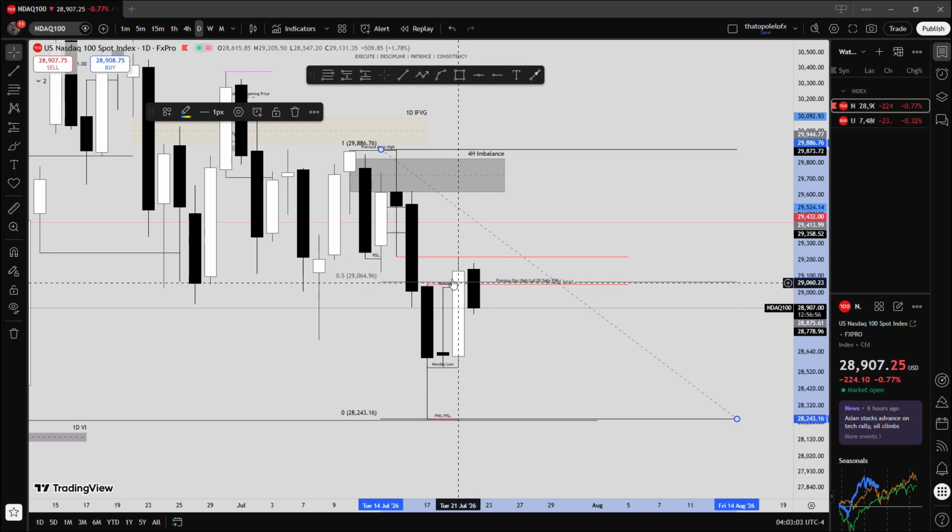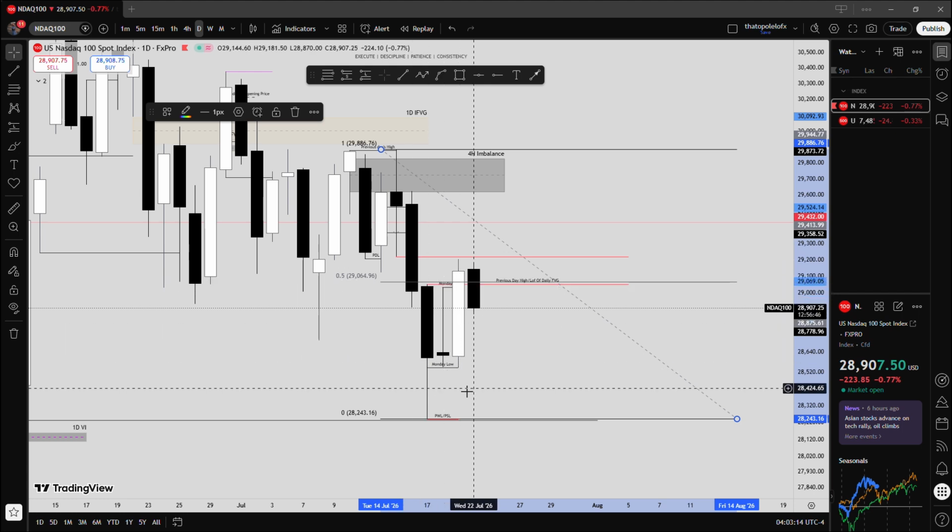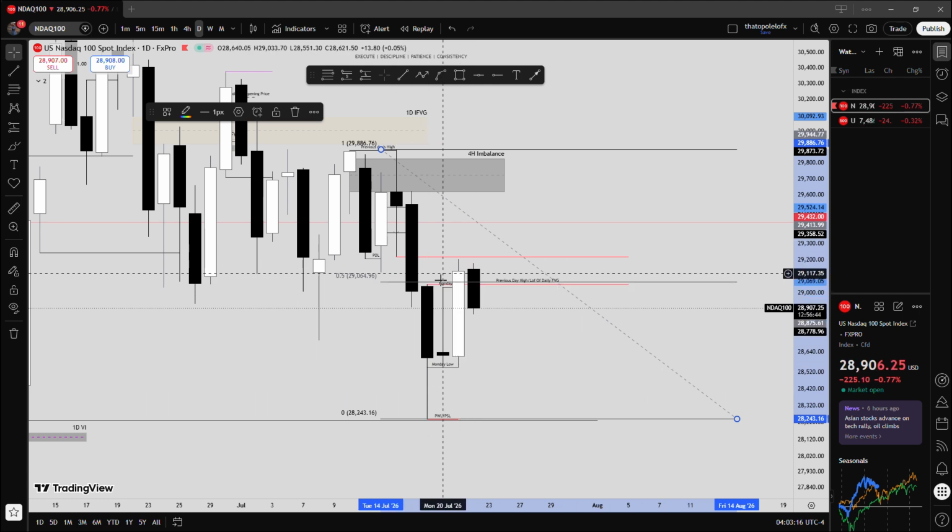And this was before price got into this fair value gap. After I marked this fair value gap, and the previous day high and previous day low, price had already taken the previous day's low and rallied up to take the previous day's high. That was Monday's high, and it got into the fair value gap during the New York 9:30 open.